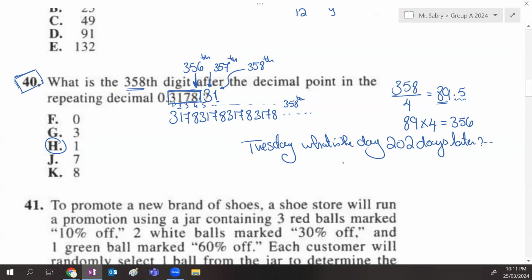Look at this question, it says Tuesday, what is the day 202 days later.